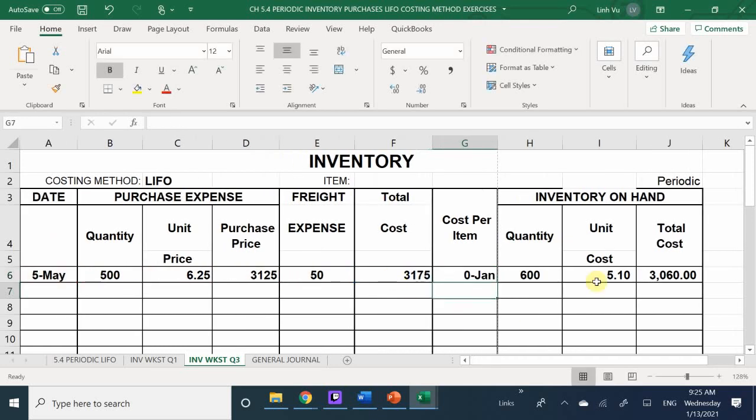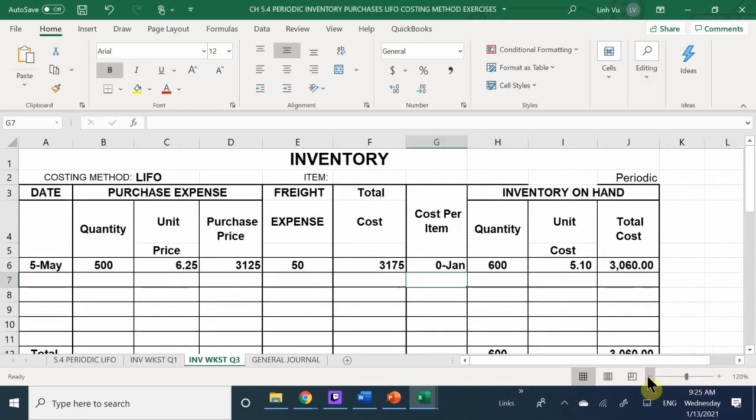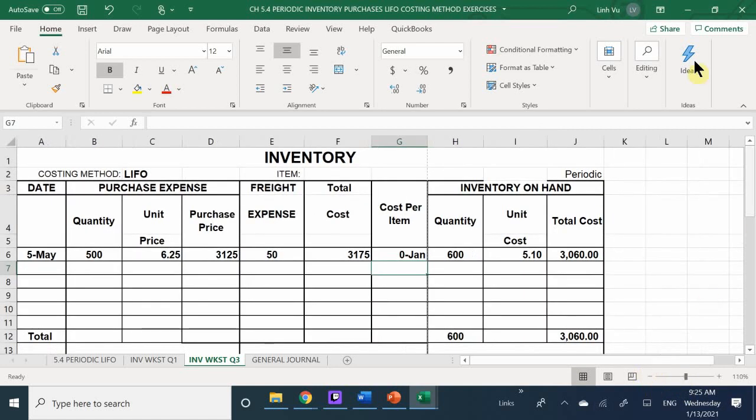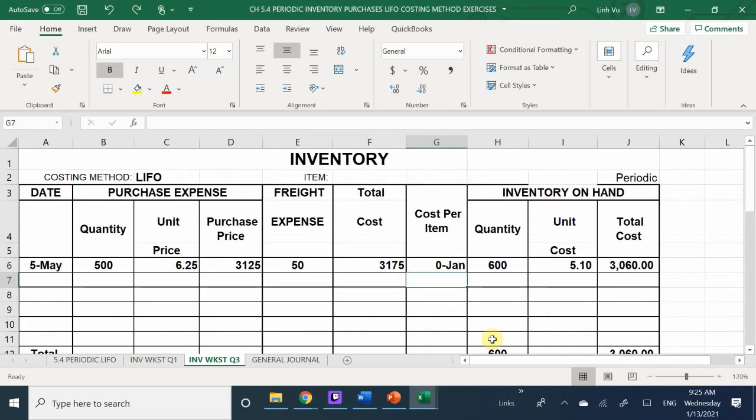Oops, I hit the date. Let me go ahead and shrink this again a little more. All right, go ahead and fix this error real quick.